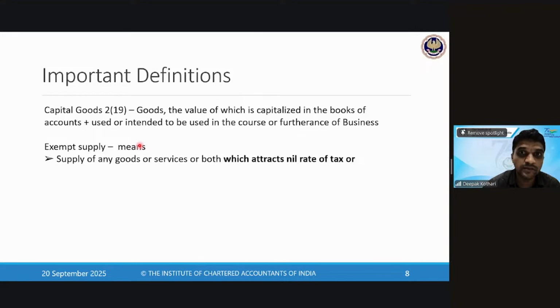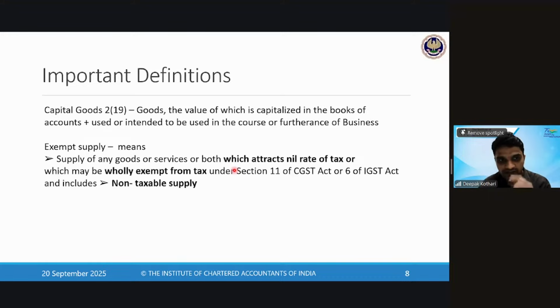Exempt supply. What is the meaning of exempt supply? Exempt supply means supply of any goods or services or both which attracts nil rate of tax or which is wholly exempt from tax under section 11 or section 6, and it includes non-taxable supply. So, which is given an exemption through an exemption notification, or the rate itself is nil, or which is not taxable.